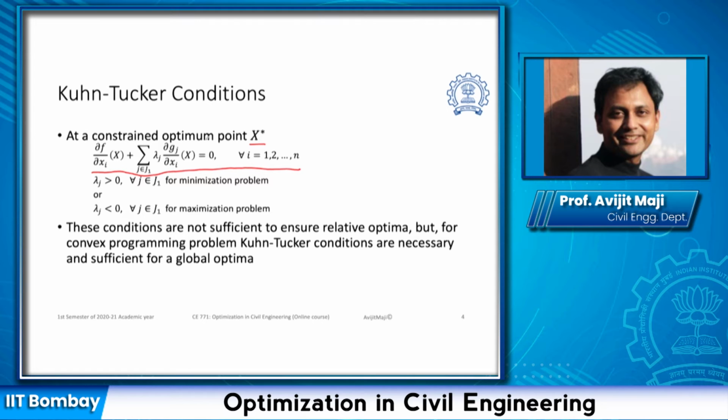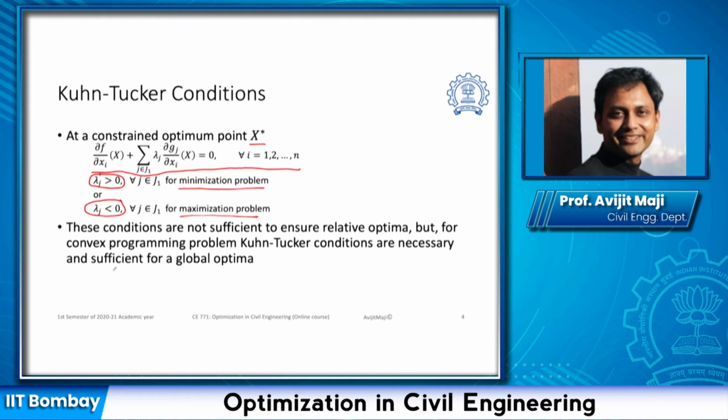As I said, since these are my active set of necessary condition equations, the lambda j are going to be greater than 0 in case the problem is a minimization problem, and in case it is a maximization problem, my lambda j is going to be less than 0.